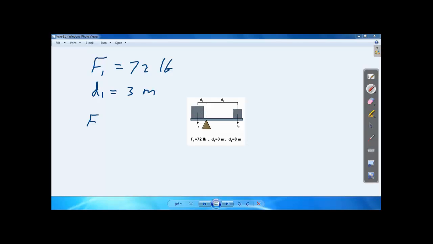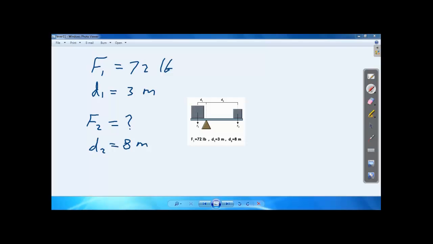But looking at the other side, the small force is unknown, and the distance is equal to 8 meters. It is as if the question is asking, how much force should I apply at F2 so that I can lift the other side, which has 72 pounds?